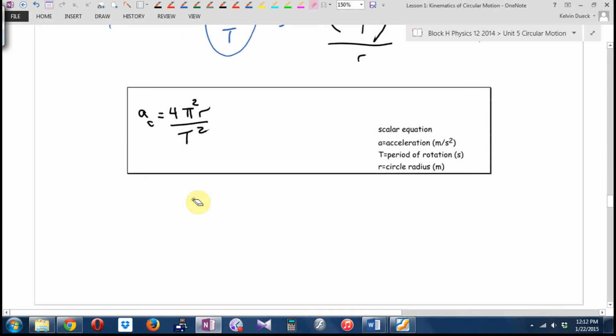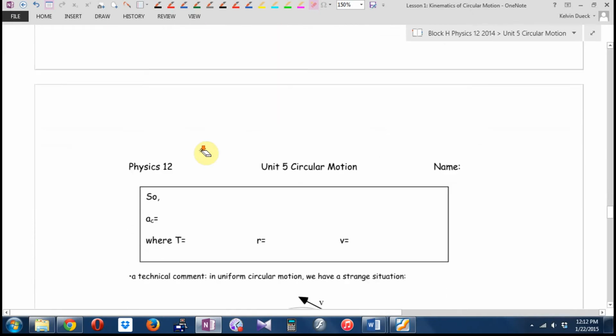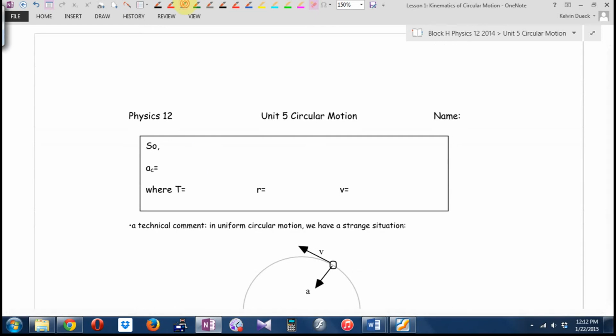Both are on your formula sheet. In fact, I think your formula sheet says AC equals V squared over R equals 4 pi squared R over T squared. Use the one that matches the information that you have or has the variable that they ask you to find. So here's our summary. AC equals V squared over R equals 4 pi squared R over T squared.